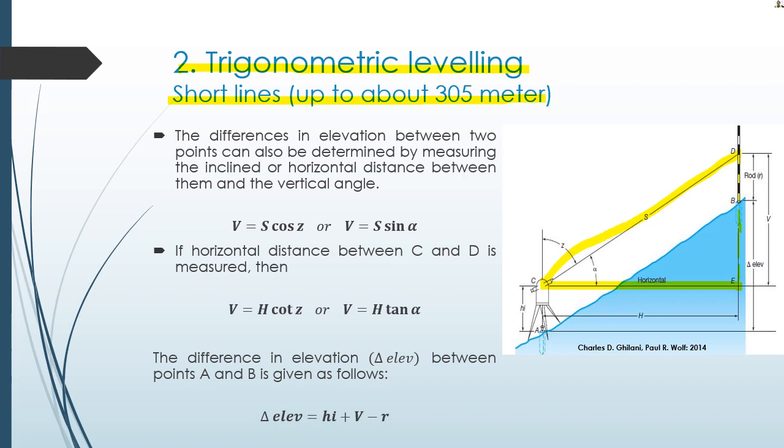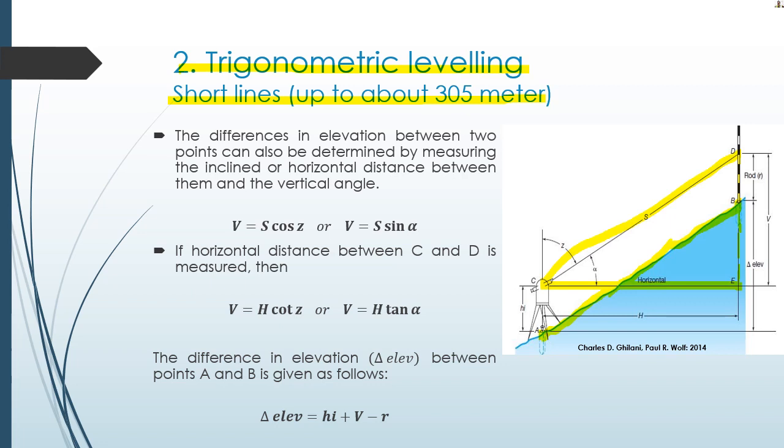So we set up the instrument at point A, and we have a prism or reflector at point B, and we want to measure the elevation difference between A and B on this slope surface.